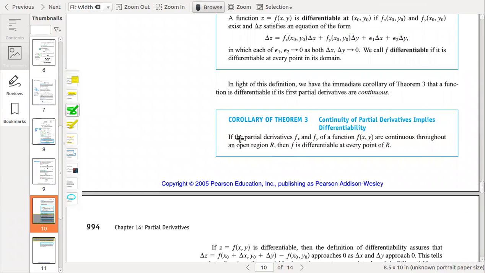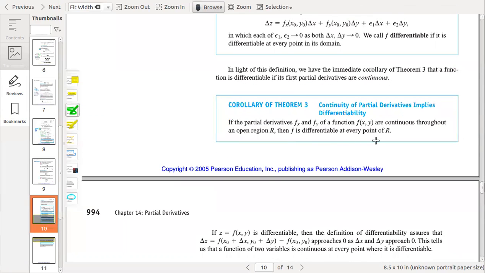This is a smaller result: if the partial derivatives of a function are continuous throughout an open region, then f is differentiable at every point of R. So here we can also conclude that a differentiable function must be continuous. The converse may or may not be true.